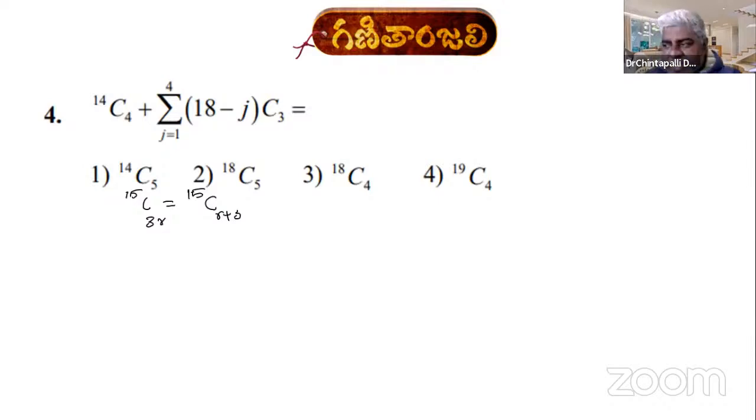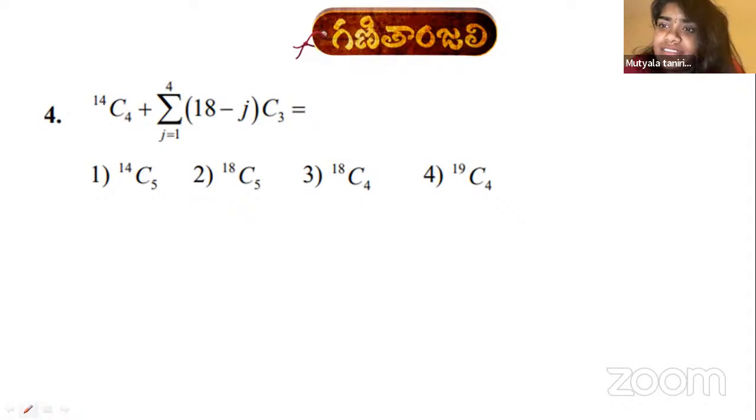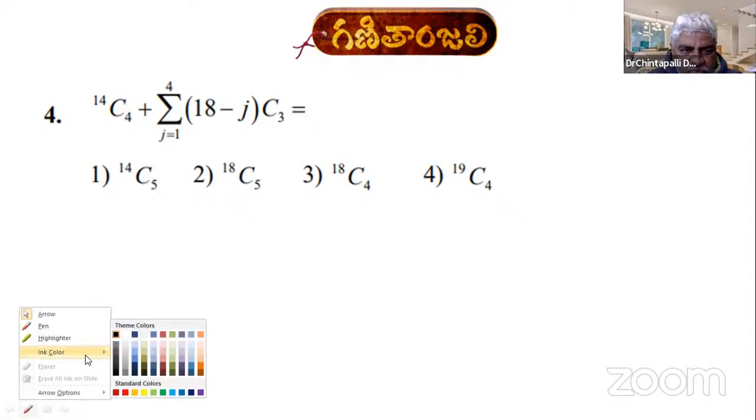To solve this question, we must know the formula. I think we did this type of question. Do you remember the answer? It's either 18C5 or 18C4, I guess. Do you remember the formula in it?